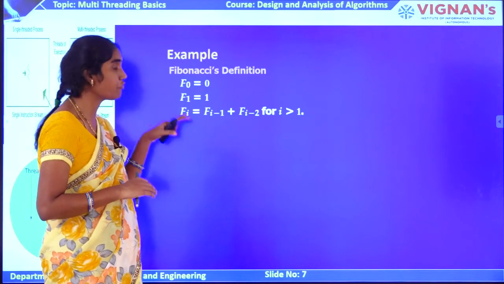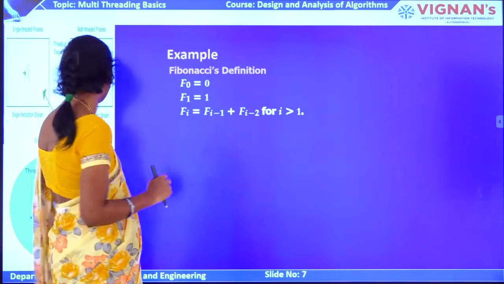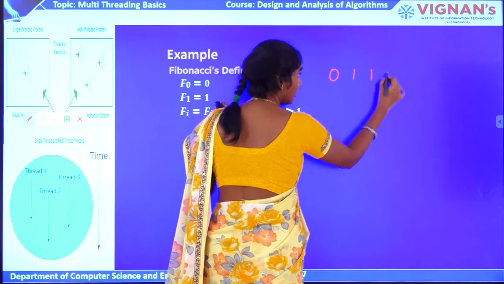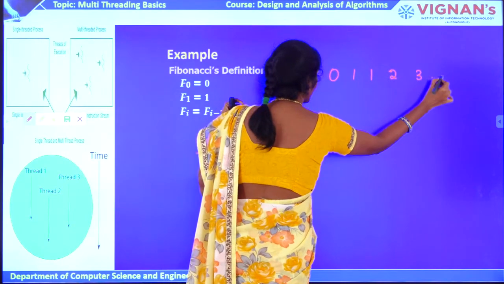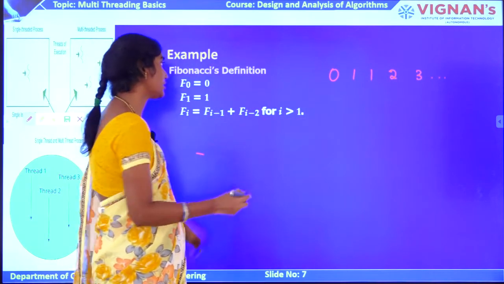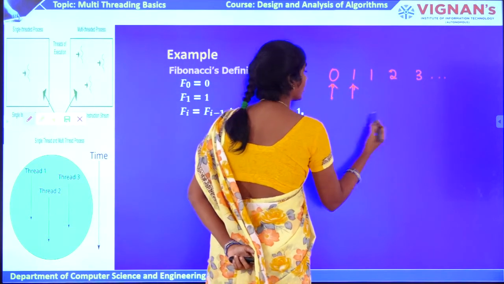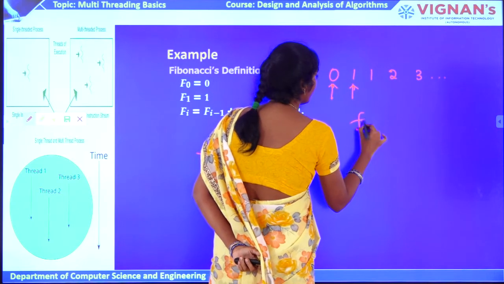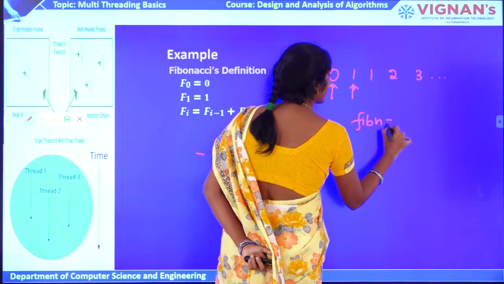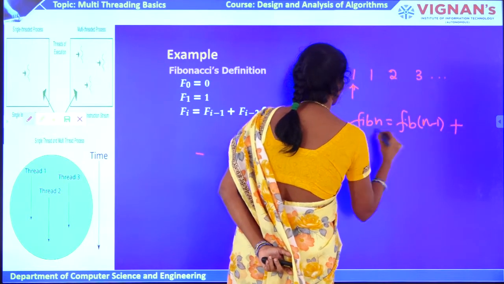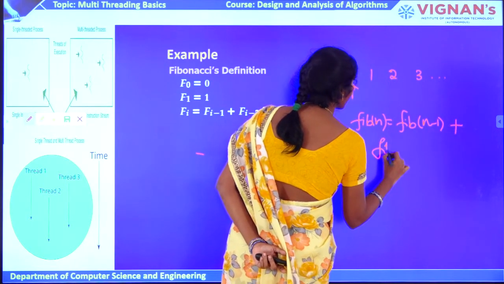As you are already aware, the Fibonacci sequence starts with 0, 1, 1 and then 2 and then 3 and so on. The first one is fixed and the next one is also fixed. The logic is that fib of n is equal to fib of n minus 1 plus fib of n minus 2.